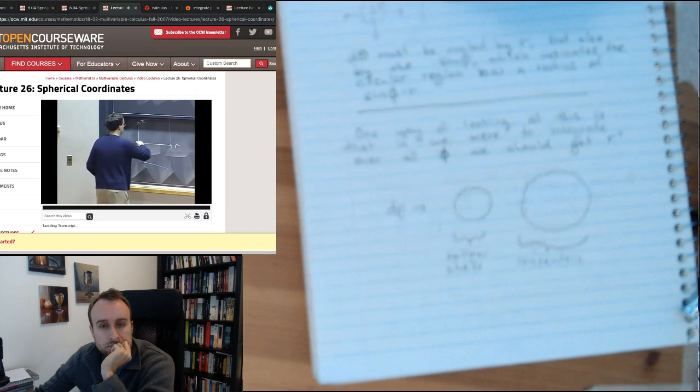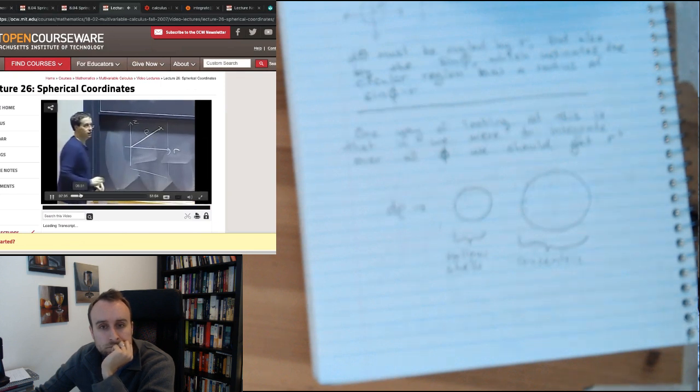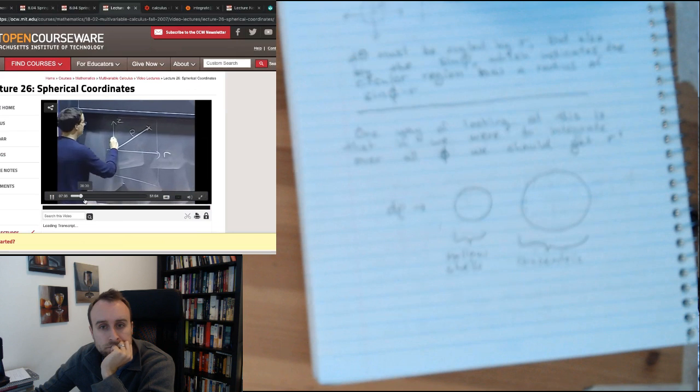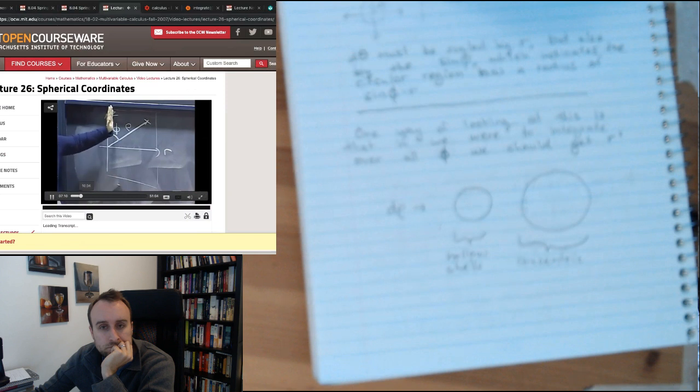Okay, so if I have a point in here, then rho will be the distance from the origin. And phi will be the angle, except it's measured from the positive z-axis, not from the horizontal axis.